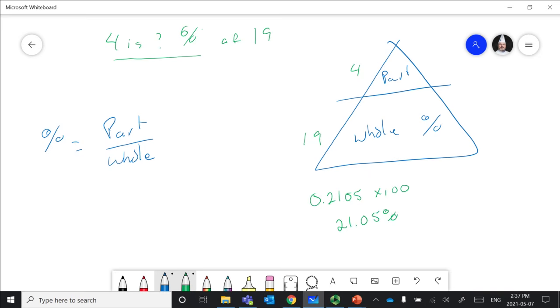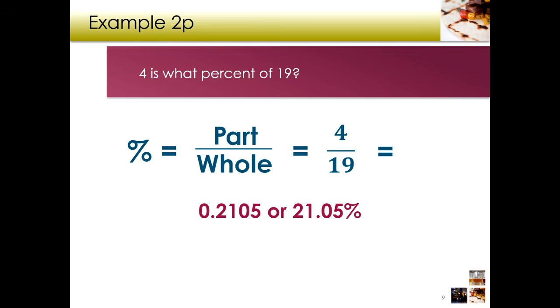So what does that mean? Out of the whole circle that I drew before, which was 19, our part here was 4, which is 21.05% of our 19 being 100%, right? Our part of our whole of 19.